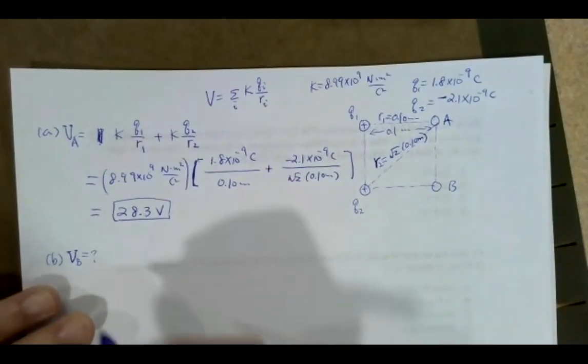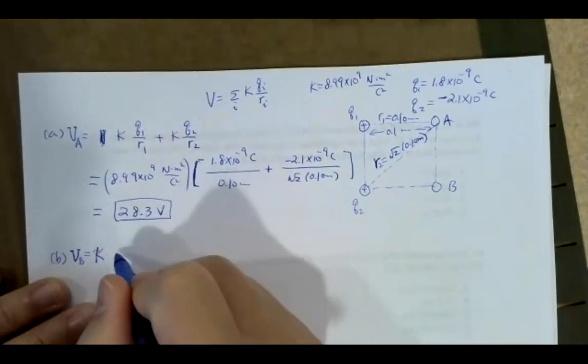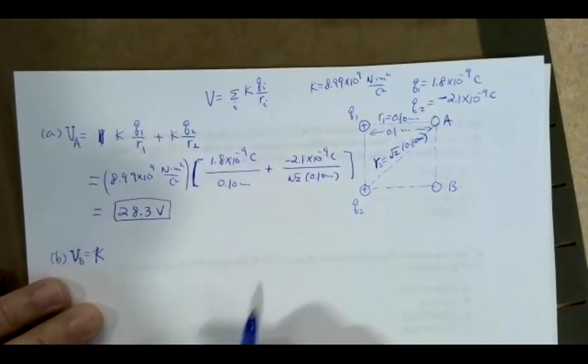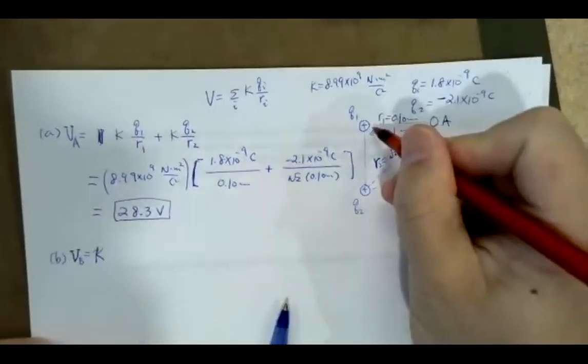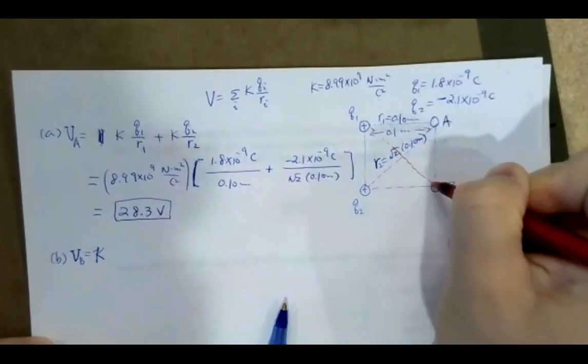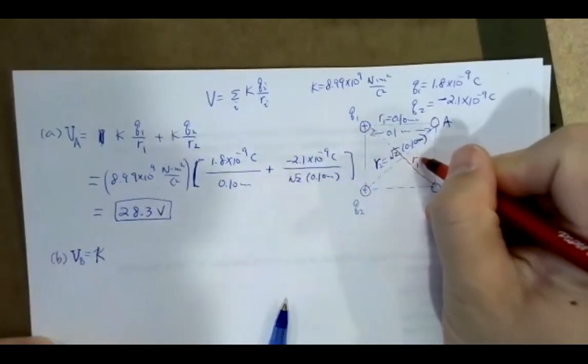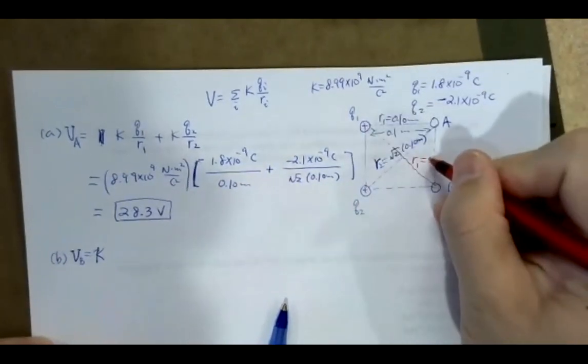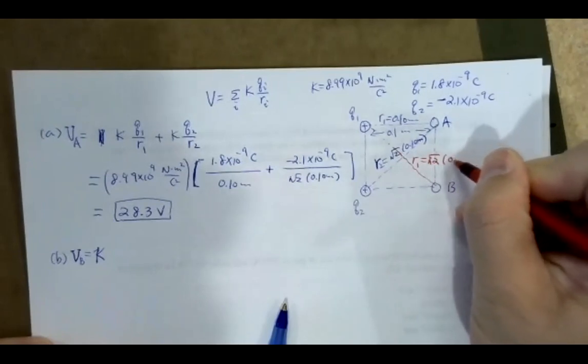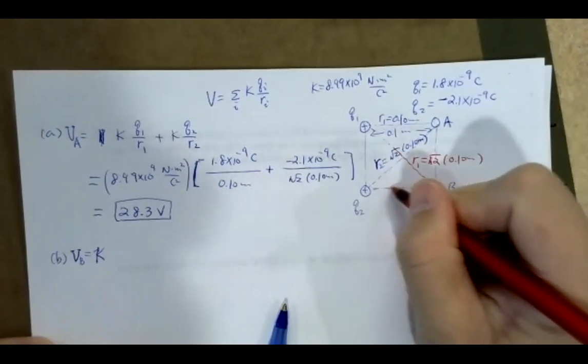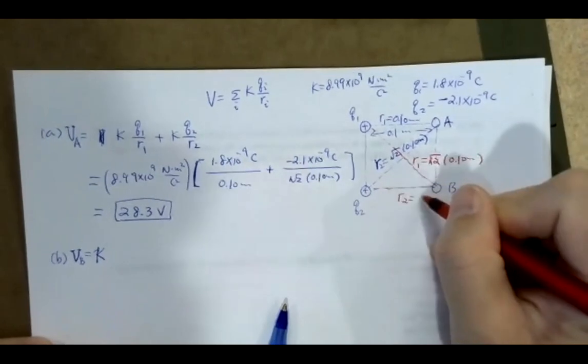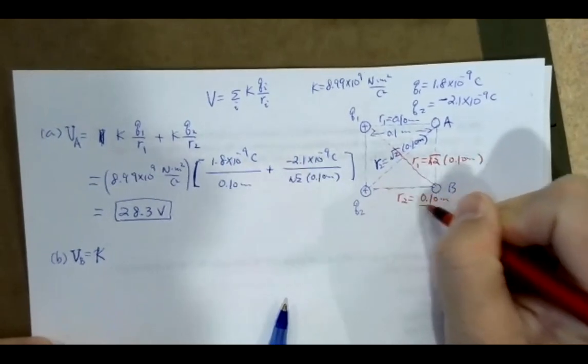For the second part, you'll be doing the same, but this time R1 and R2 change. This time, this will be your R1, the distance from Q1, so this will be square root of 2 times 0.1 meters. And then this will be your R2. So basically, you're switching R1 and R2.